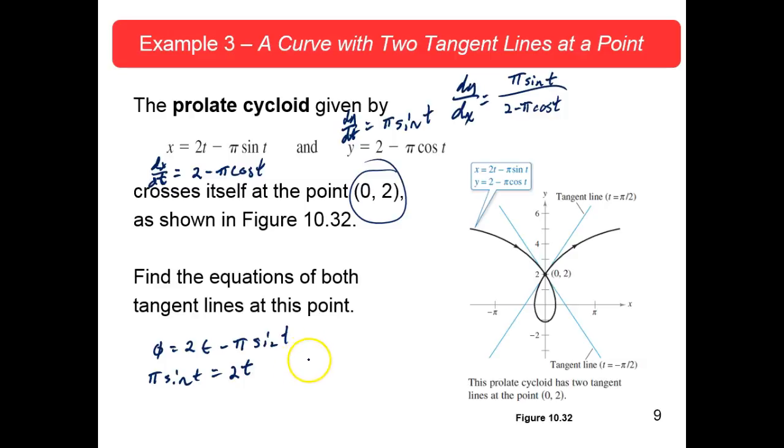I'm real tempted to write it this way, dividing both sides by t and dividing both sides by pi. And that's a rather bizarre thing. That gives me sine t over t is equal to 2 over pi. And that doesn't look like it's very helpful at all, does it? So that might not be the best way to go.